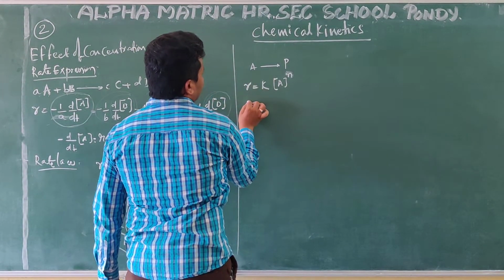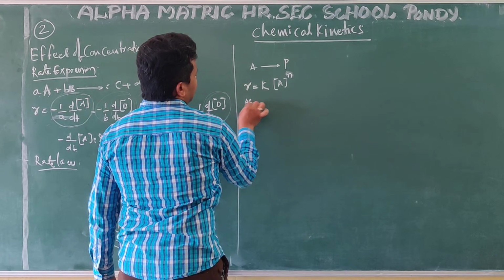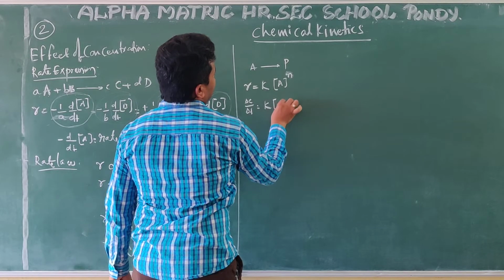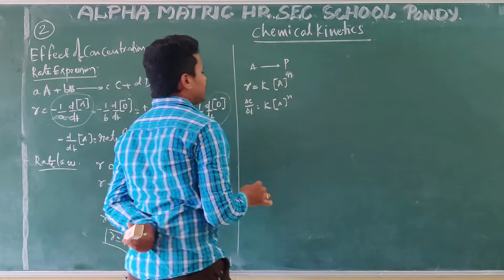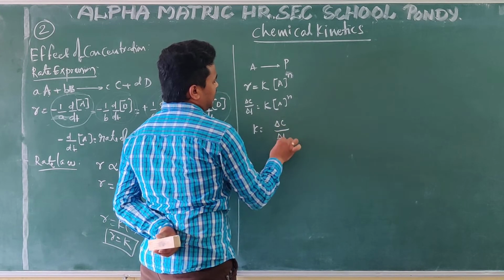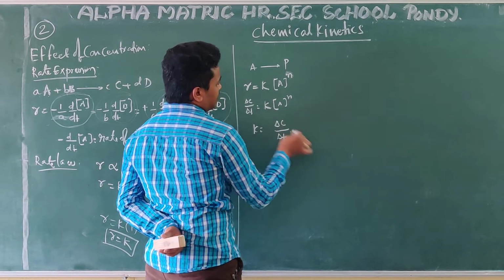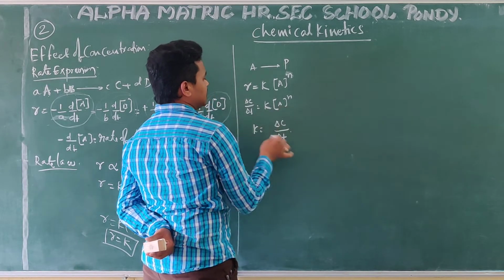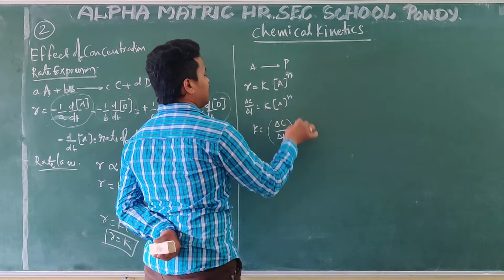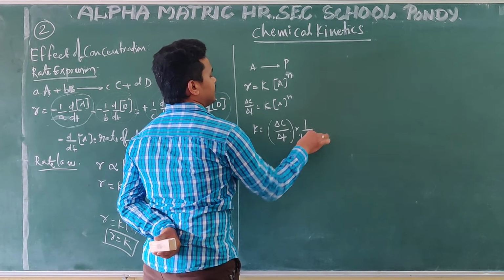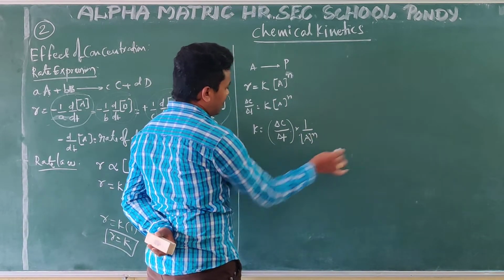Rate means delta C by delta T. So K is equal to delta C by delta T, and this A power n comes down to the other side, so we divide by A power n.